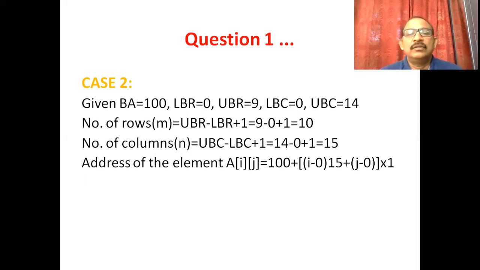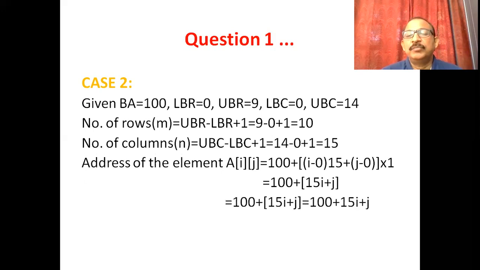Address of any element Aij is equal to 100 plus (I minus 0) into 15 plus (j minus 0) into 1, which is equal to 100 plus 15i plus j. In the second case, address is 100 plus 15i plus j.